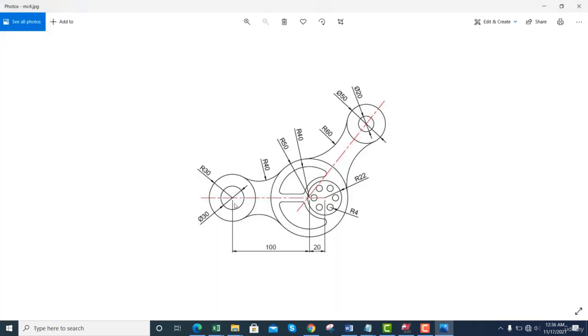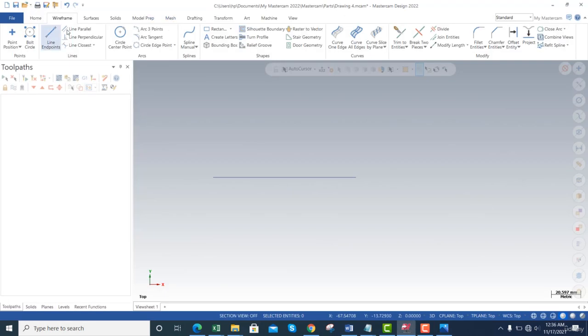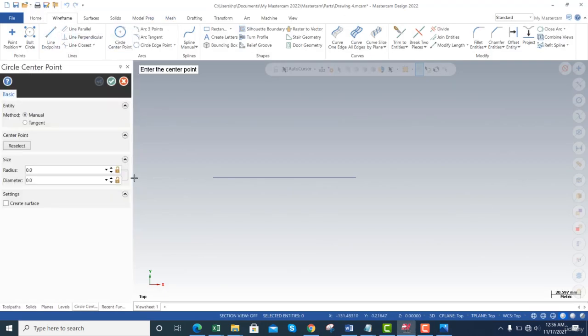Now at this end I have to create a circle of radius 30 and diameter 30. So radius 30 and another of diameter 30.